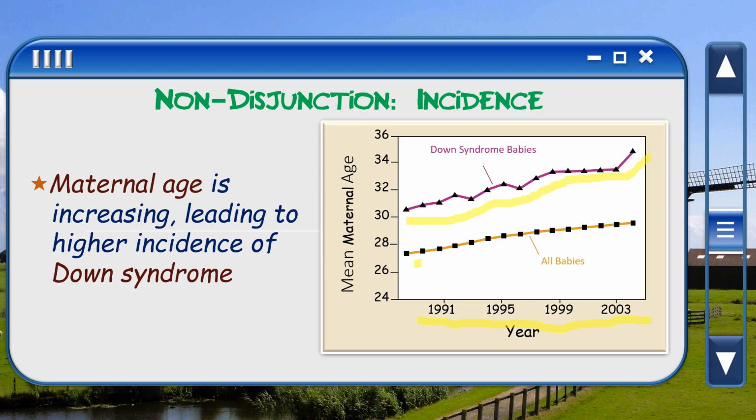So you can see that normal babies normally occur below 30 here. If you look below 30, the risk of producing Down syndrome babies is low. All the babies are normally normal.